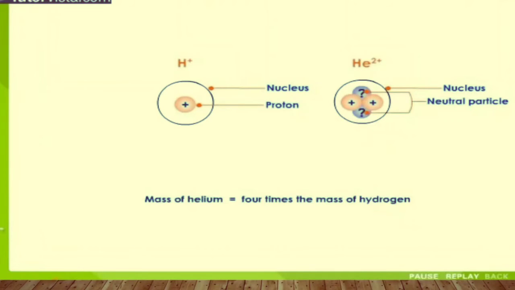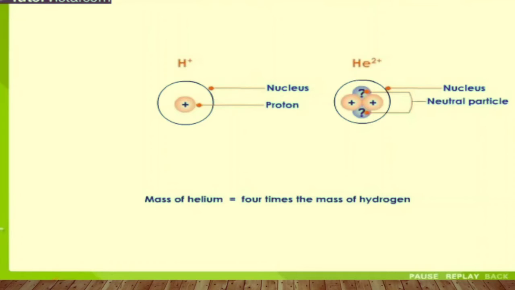For example, our nucleus contains protons, but it also contains neutral particles. That's why the mass of helium is 4 times the mass of hydrogen. When they found out the mass of helium, it was 4 times greater than hydrogen, because hydrogen has one proton, atomic number 1 and mass number 1, but helium has 2 protons, so it has atomic number 2 but mass number 4.